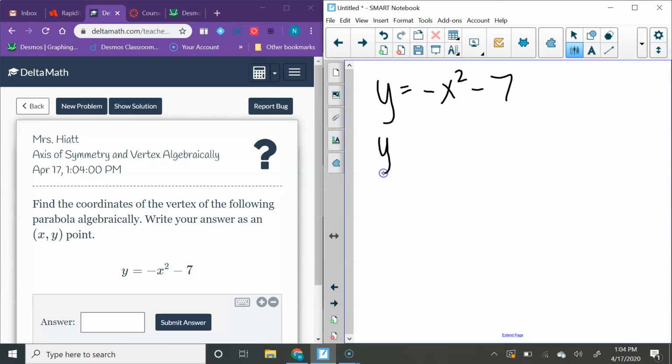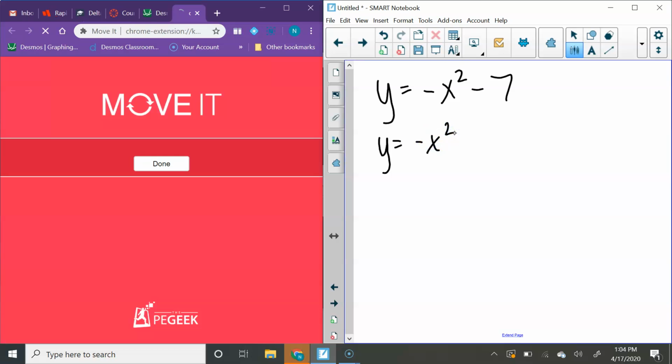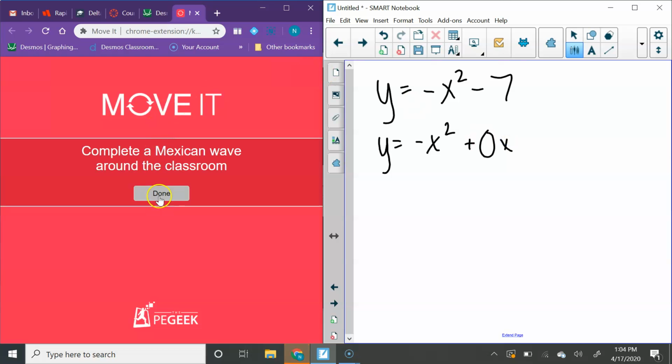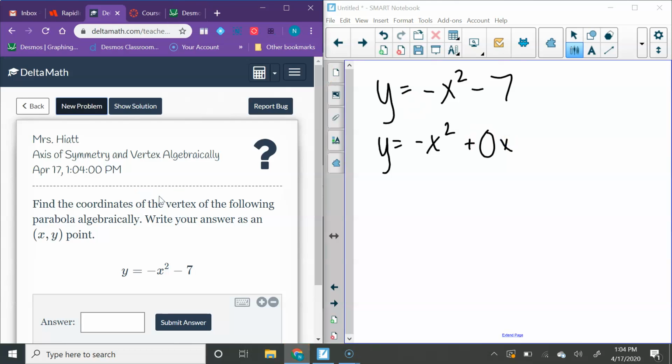So what we've got to do for this one is pretend that we've got a plus 0x right here, and then minus 7. So our b value here is 0. If you're missing that middle term, your b value is 0, and your a is going to be negative 1.